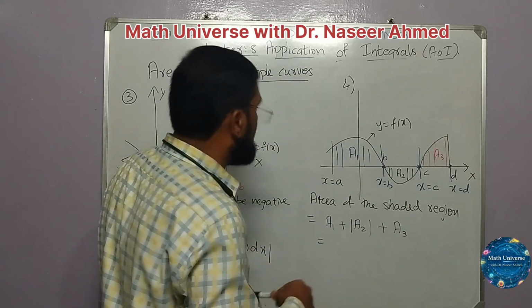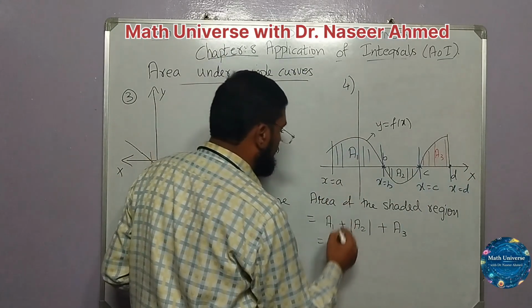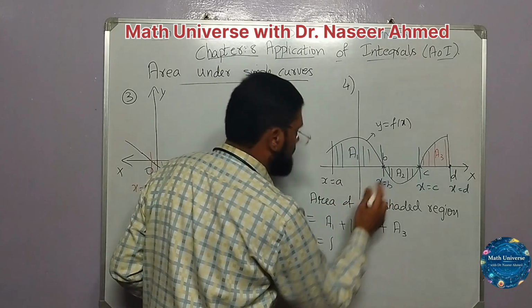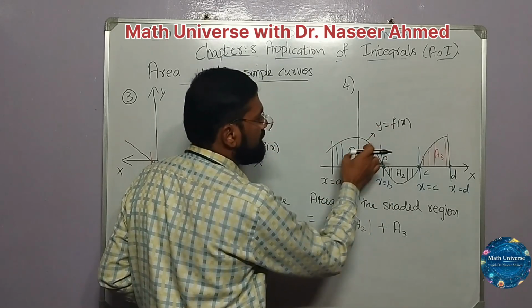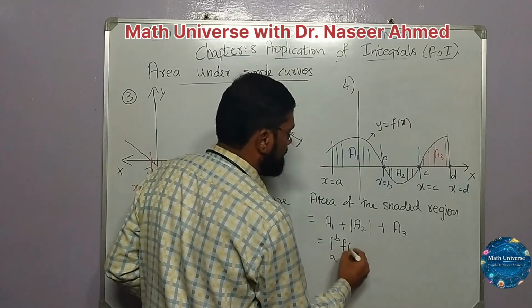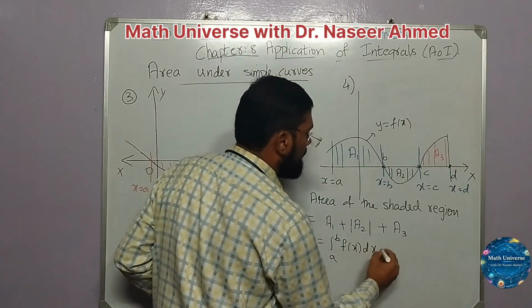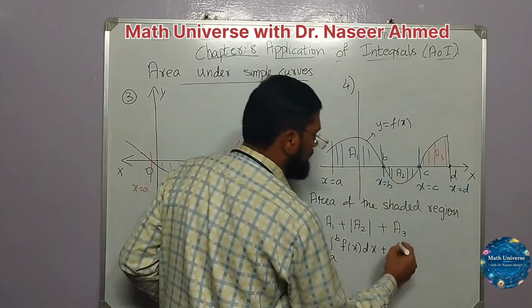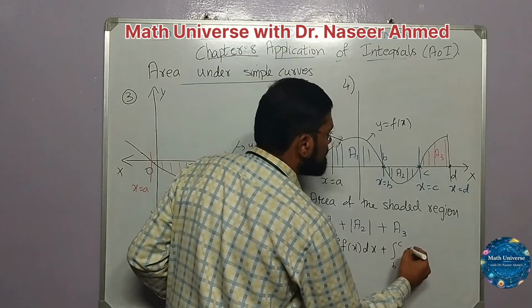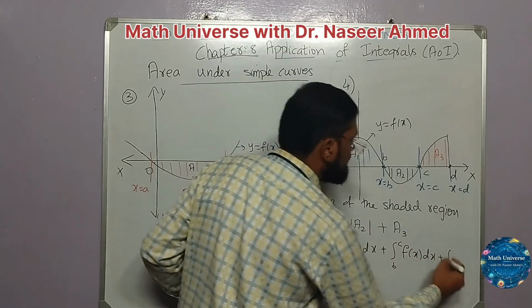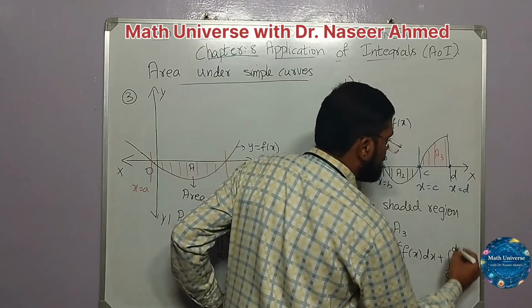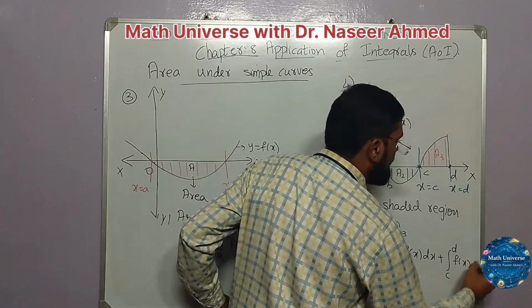So now my areas will be the integral from A to B, and this area is bounded by the curve f of x, then plus B to C, f of x dx, plus C to D, f of x dx.